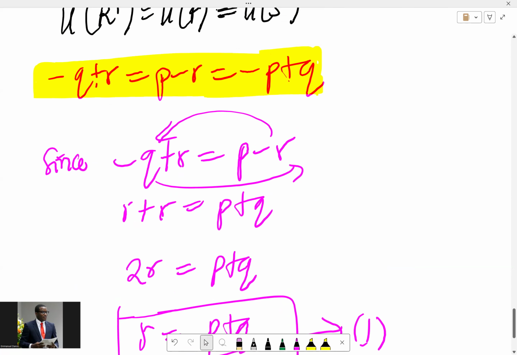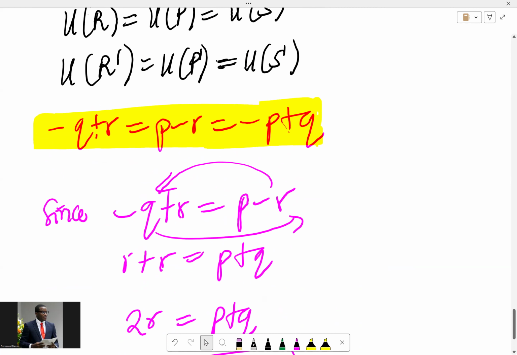Now let's go on. For the first one, we had said this is equal to this. What if we now pick the next one and say minus Q plus R is equal to minus P plus Q?